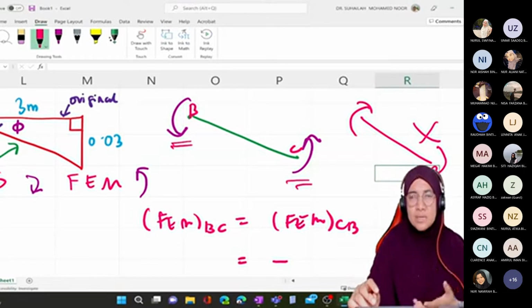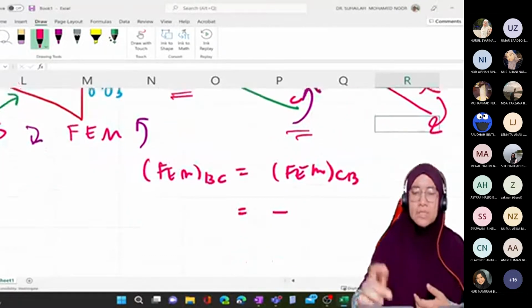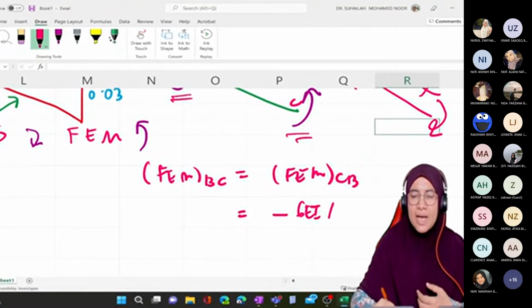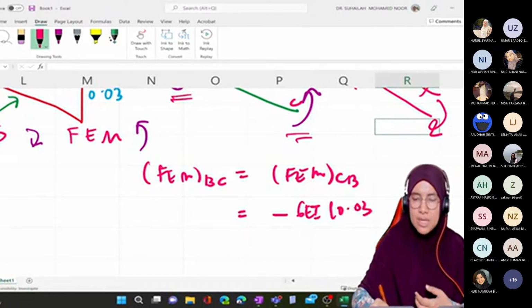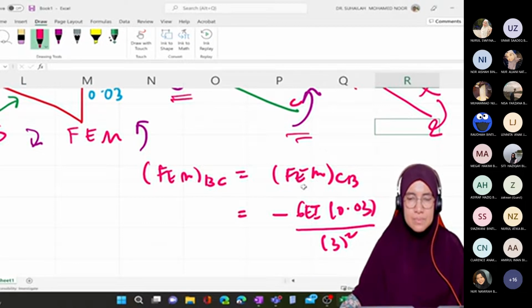So to get horizontal, we have to apply FEM counterclockwise, and FEM counterclockwise is negative. So the formula is 6EI delta, which is 0.03, divided by L squared.